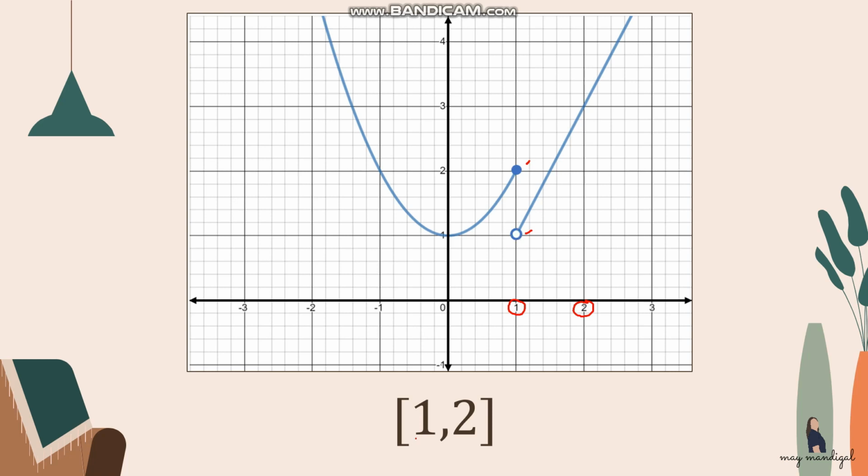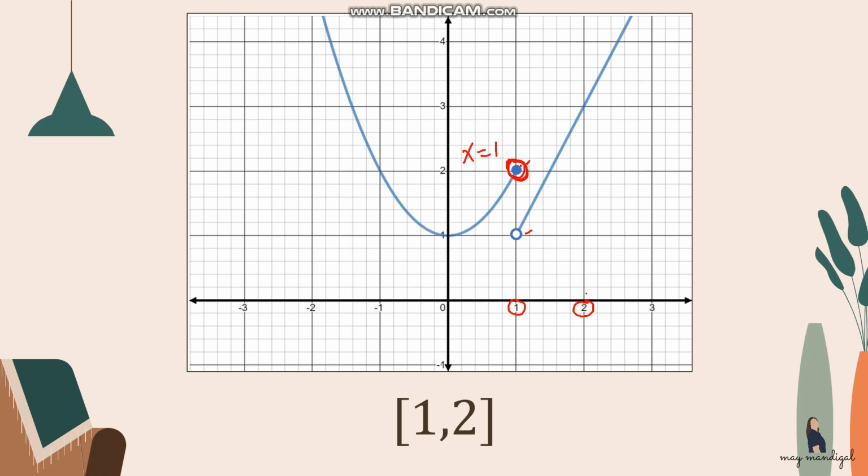So since here x is equal to 1, we want 1 to be included in our function. So from the two of them, what we will choose is this one right here. So again, what we will choose is this point, since at this point right here, x is included. So we will not choose this, because if we choose this point right here, it means that x equals 1 is not included, because it's a hollow circle. So that's why we're using this. So that is for x equals 1.